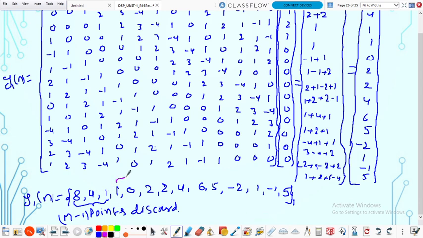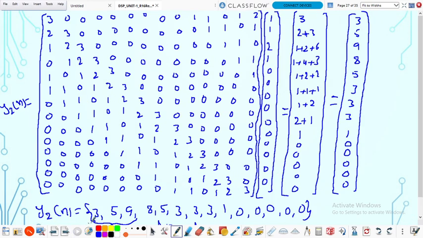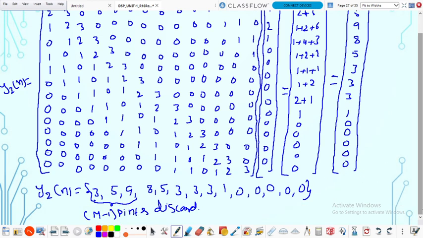These are the remaining samples in y1 of n, and these are the remaining samples in y2 of n.